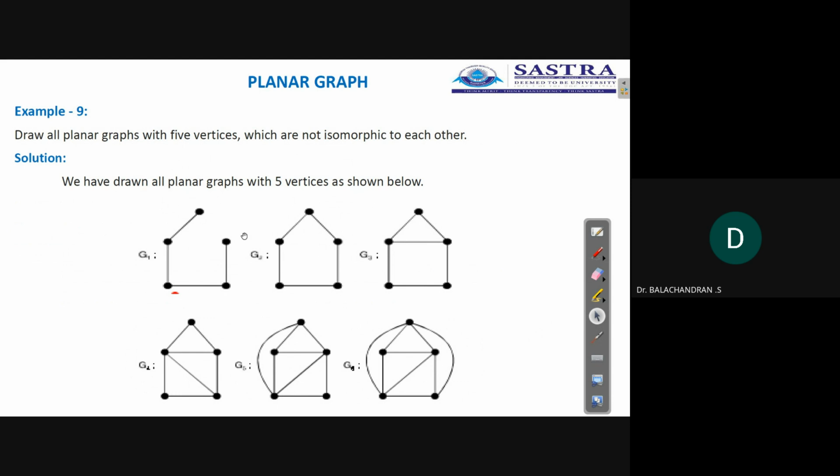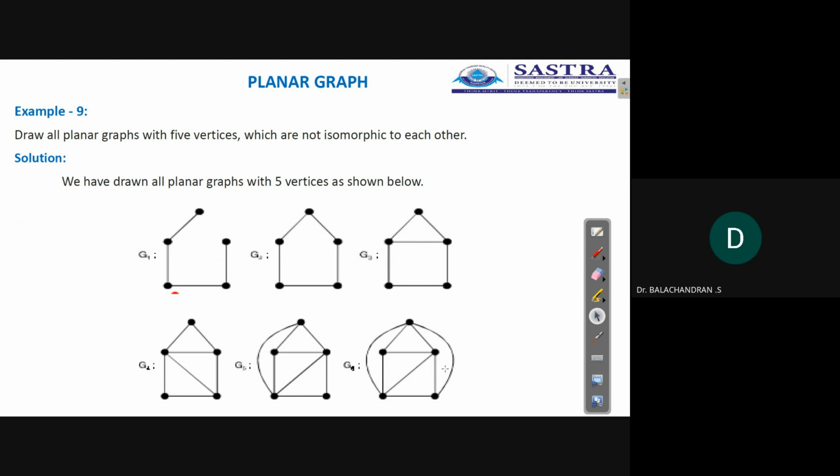Next, I'll add this edge. I'll get this graph. Next, in this graph, I'll add this edge. I'll get this graph. Next, I will add this edge. I'll get this graph. Next, I will add this edge. I'll get this graph. Next, I will add these two edges. I will get this graph.